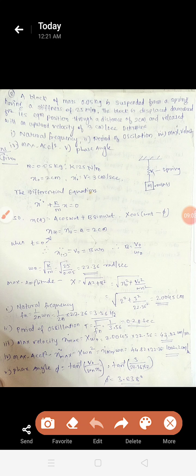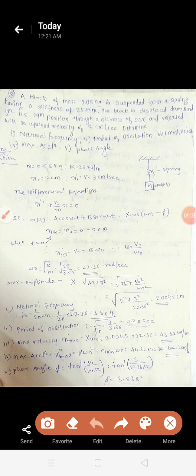Lastly we need to calculate the phase angle. The phase angle phi can be calculated by phi is equal to tan inverse of v naught divided by omega n into x naught. So tan inverse of 3, the given velocity, divided by omega n, 22.36, into 2, the given displacement.